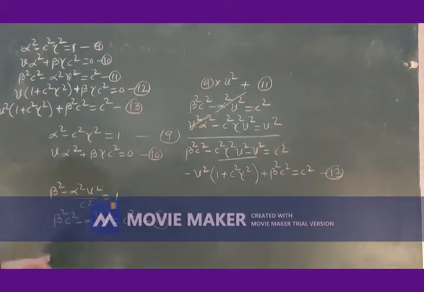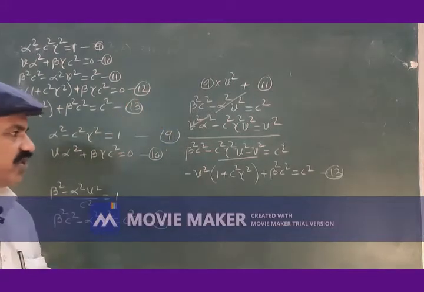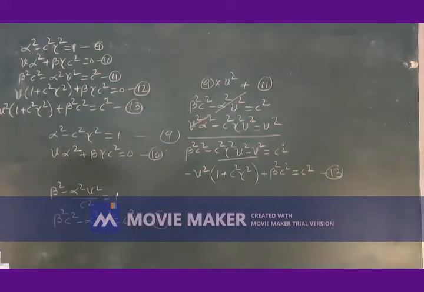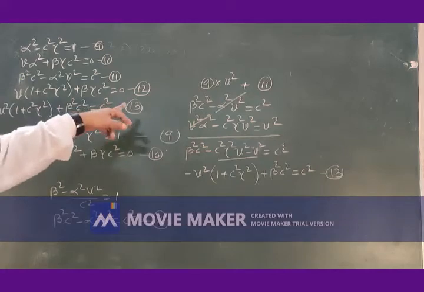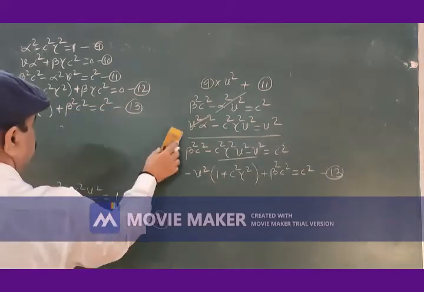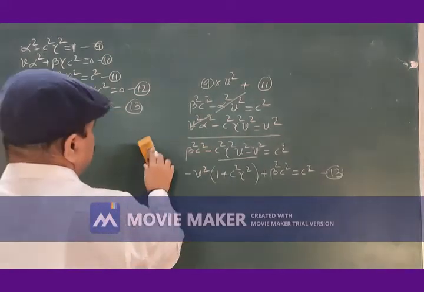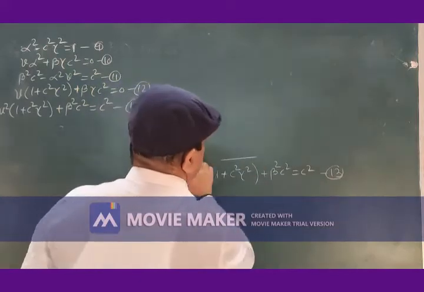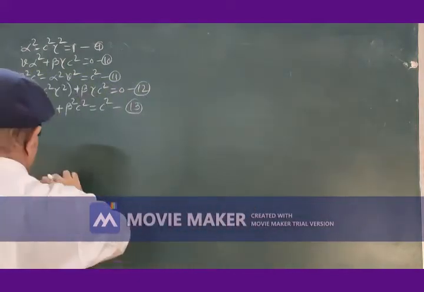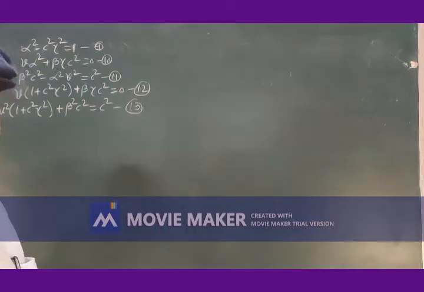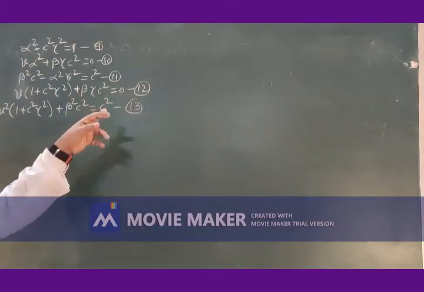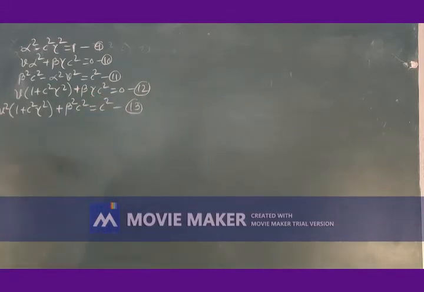So looking into equations 9 and 11 and doing this manipulation, we got equation 13, which is noted here. Okay, then let us have a look into equations 12 and 13.